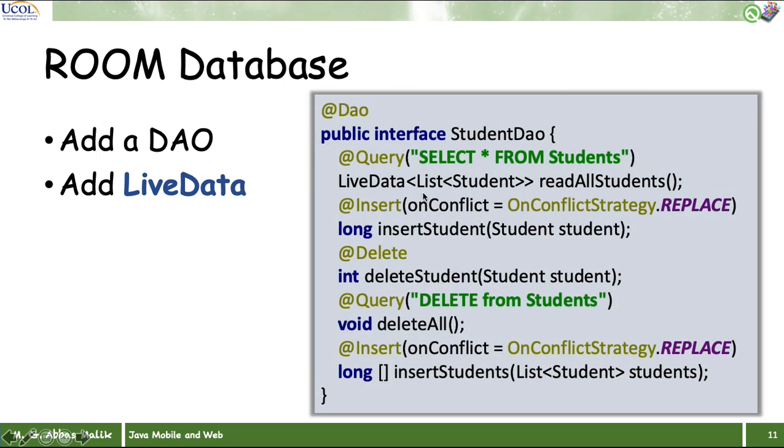Instead of having only the list of the students, it is a LiveData on that list of students, and that will help us to observe any changes inside that data. If some change happens in that data, it will automatically be retrieved from the database and shown in our user interface. We don't need to do it ourselves. Fine, so this is the concept of LiveData.